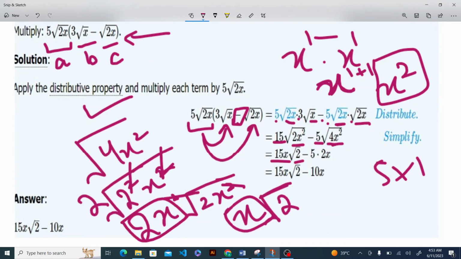Here the square root of 4x square will simply be converted to 2x. Now 15x square root 2 minus 5 into 2, 10x. So this is the final answer: 15x into square root 2 minus 10x.